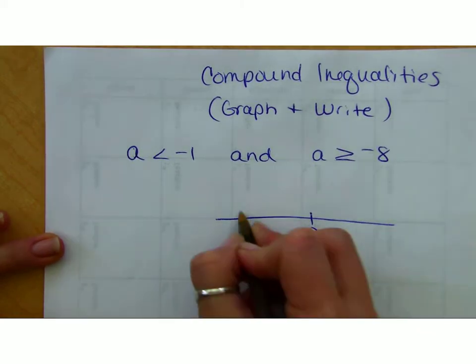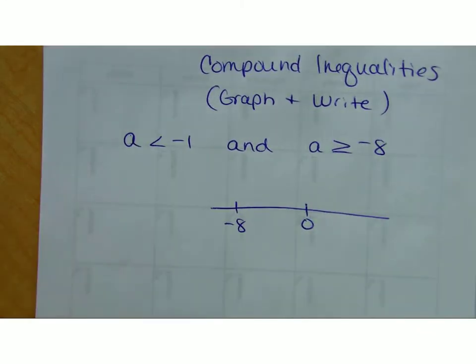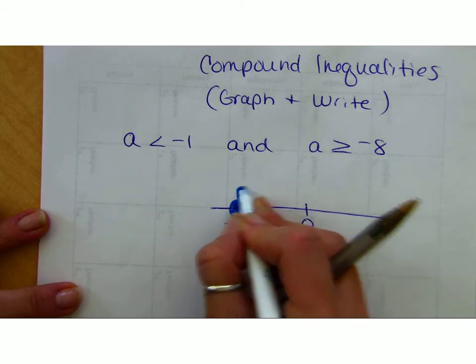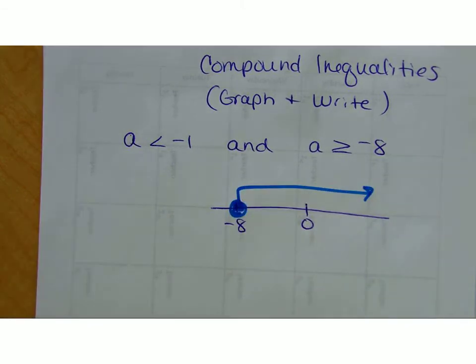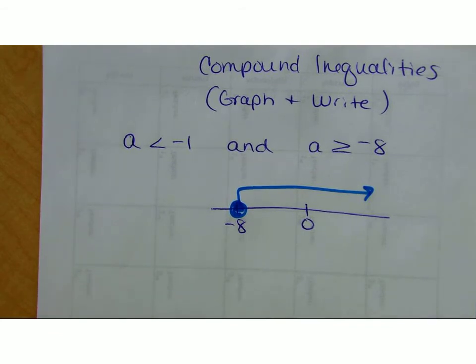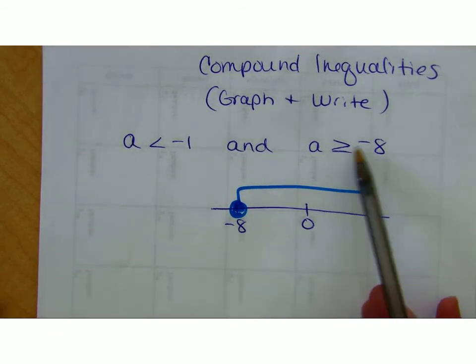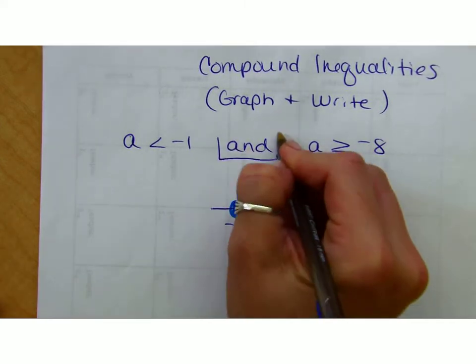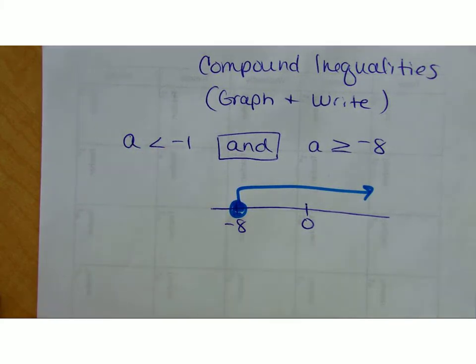Because we just did this, right? So you would take your pencil and you would say, well, here is A is greater than or equal to -8. Great, okay? But if I were to say, okay, A has to be greater than or equal to -8, but it also has to be less than -1.